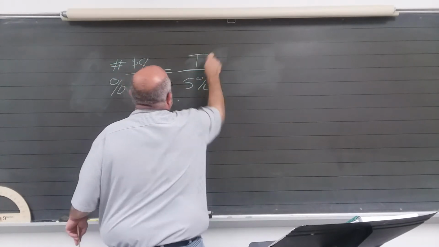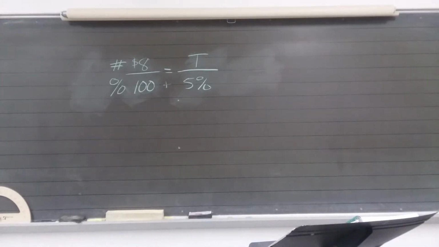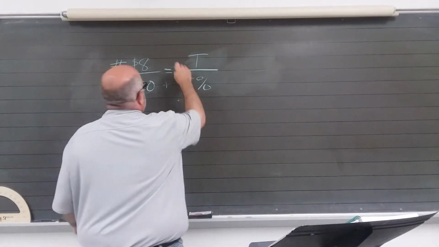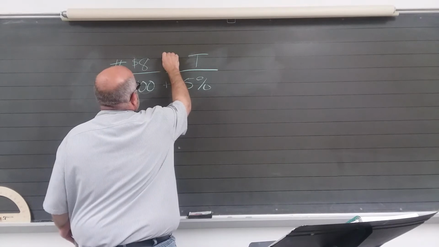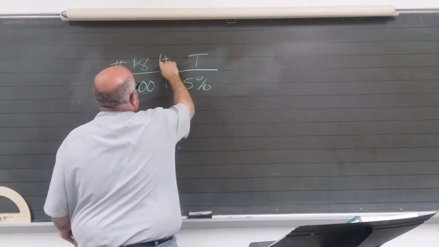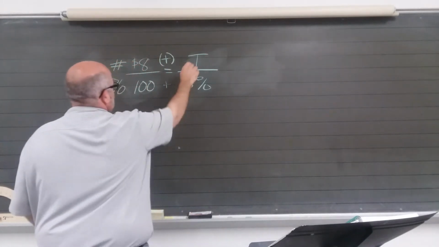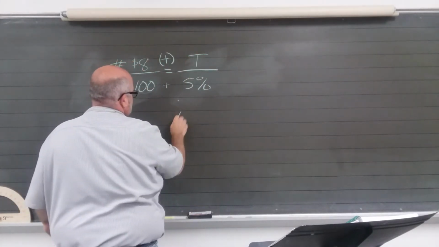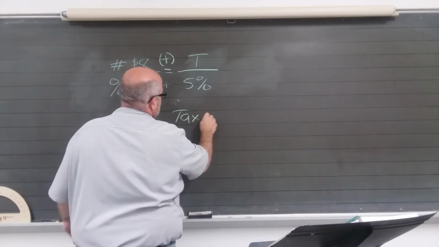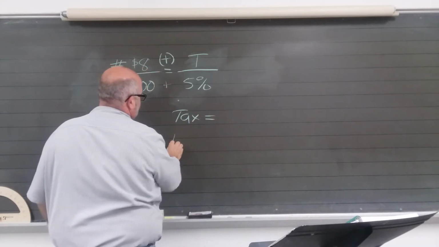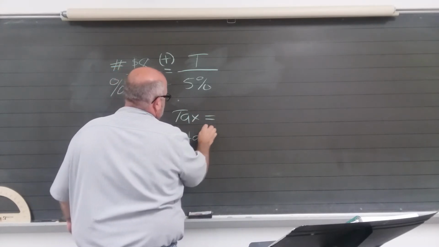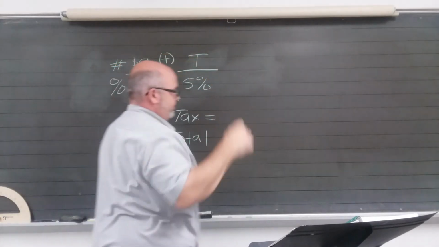Missing number is tax. Can you read this green chalk good enough? I should have checked that. Oh, yeah. Right? So the missing number is the tax. You're going to have two answers, and then the tax you're going to add to $8. So your missing number is the sales tax. Tax equals, and then total cost, which is $8 plus the tax.